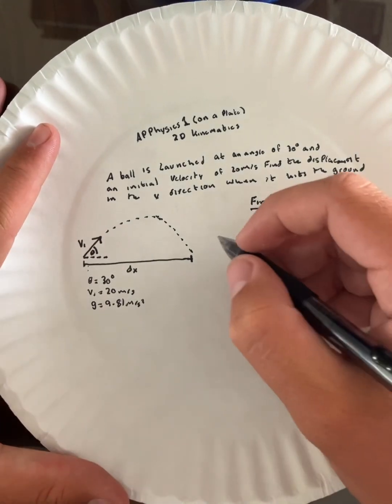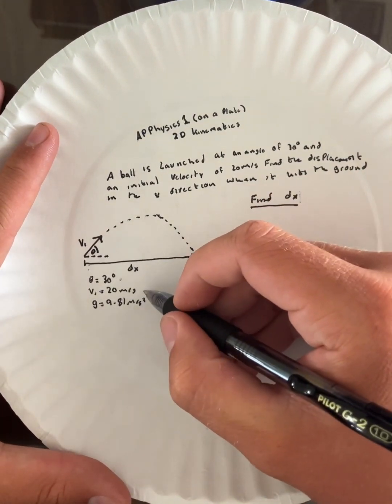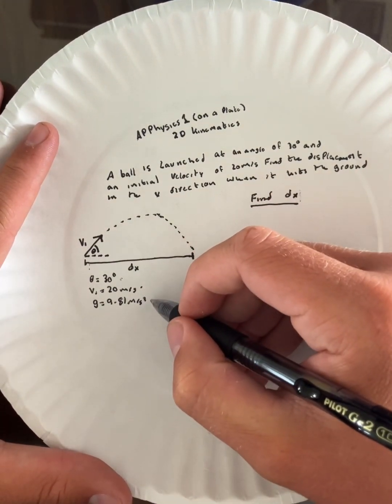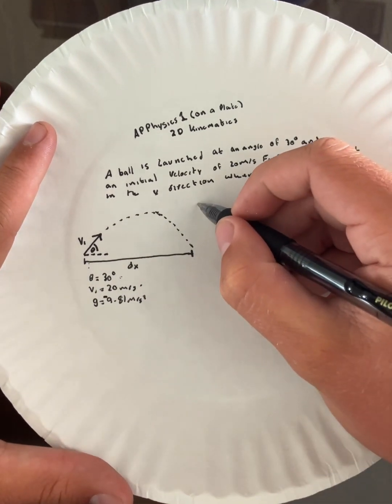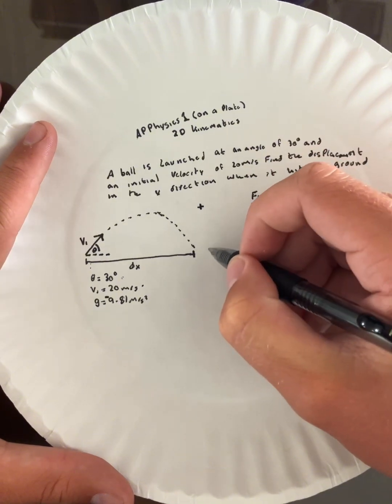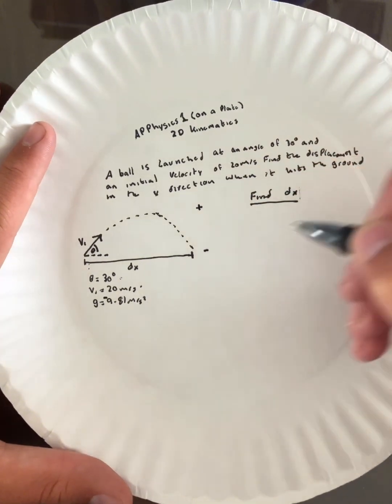Now we know that the angle is 30 degrees, the initial velocity is 20 meters per second, and the acceleration due to gravity downwards is negative 9.8 meters per second squared, and we're defining the up direction as positive and the down direction as negative right now.